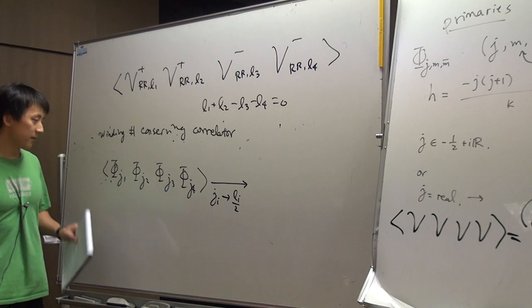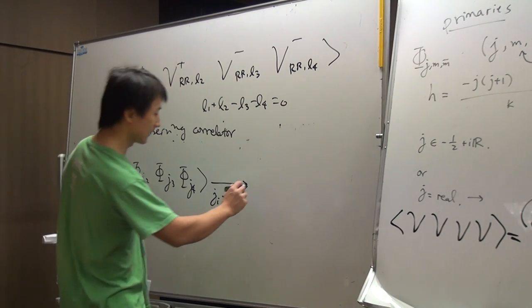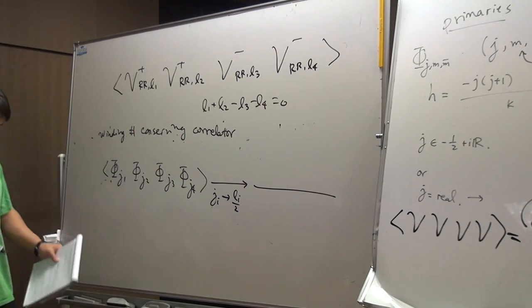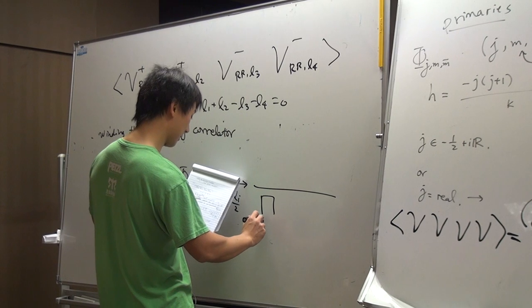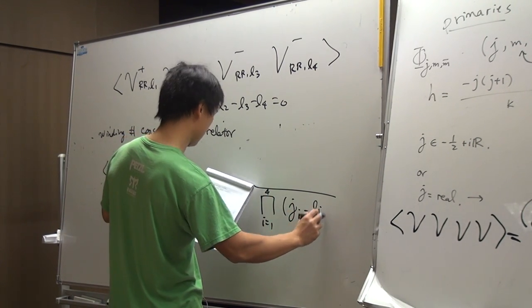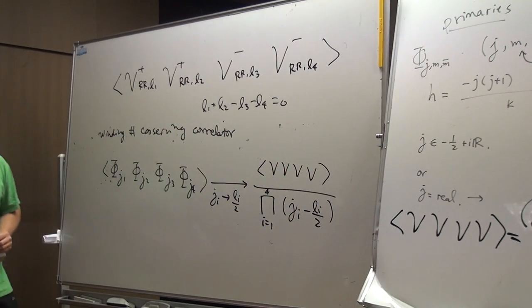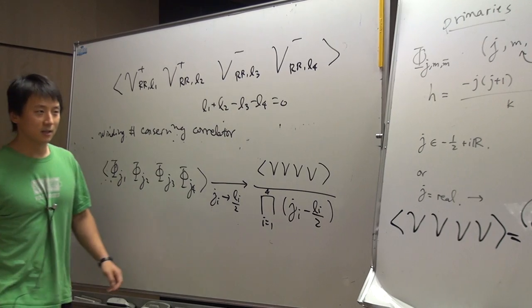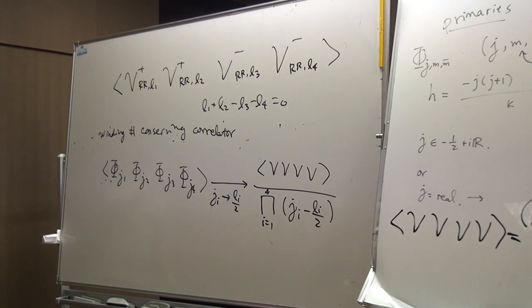In this limit, the SL2 primary actually blows up, and you have to extract the residue, the coefficient of the pole in that limit. So schematically, I write the product over I from 1 to 4 of J I minus Li over 2, and then you're left with some correlator that is finite, and that is the correlator of these localized vertex operators at the tip of the cigar. So that's a procedure that one would use to calculate this 4-point function.